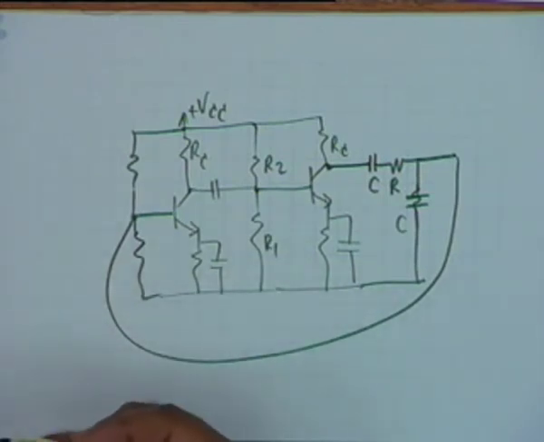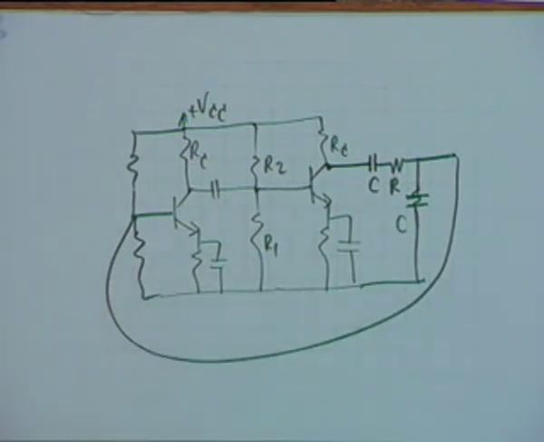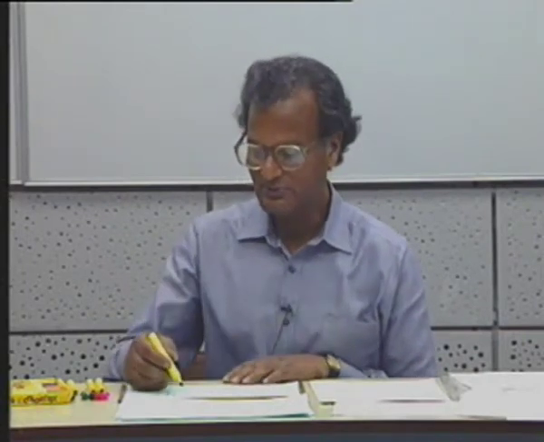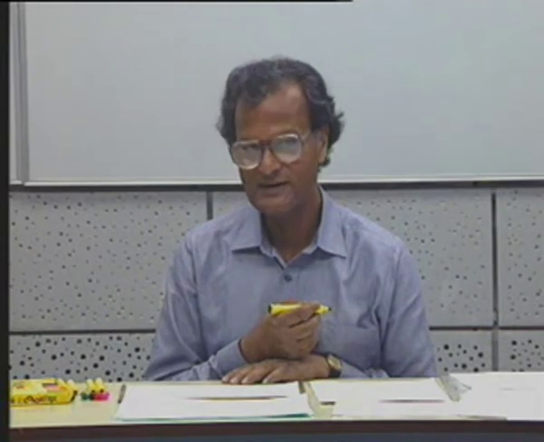All right. Here, however, the ideal conditions are not met. The input impedance of this amplifier is not infinity, it is R pi. Output impedance of this amplifier, what is the output impedance? It is R sub C approximately.